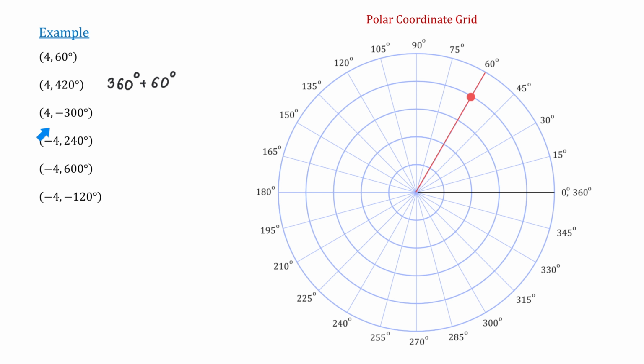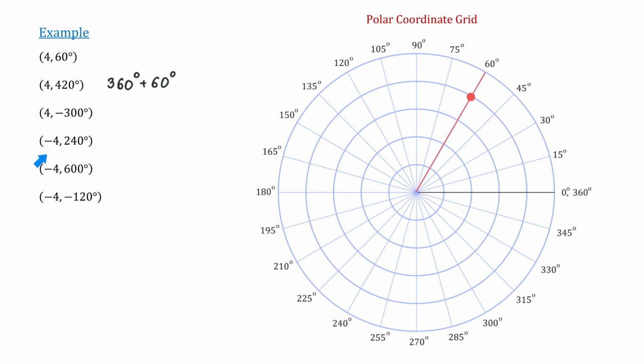Next, we will plot 4 and negative 300 degrees. This is a negative angle, and to draw it, we need to move clockwise. So if from the polar axis we move clockwise and we draw the angle of 300 degrees, then this will be the terminal side. And again, if we count 4 units, we get the same point.